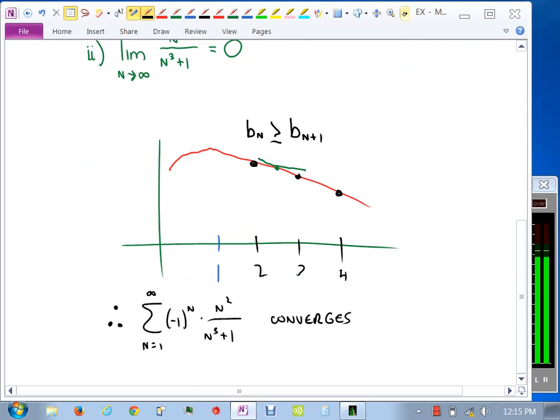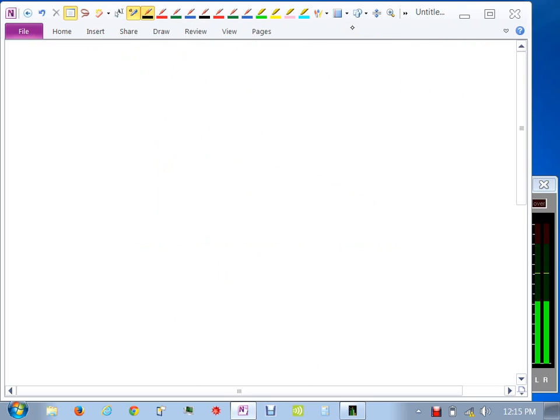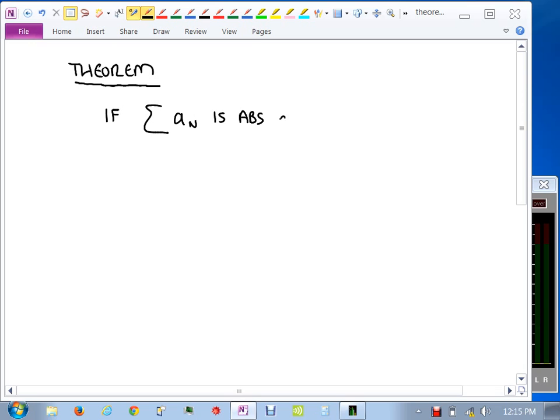All right, so let's try to look at a theorem now. Theorem. If sum a sub n is absolutely convergent, then sum a sub n is convergent.